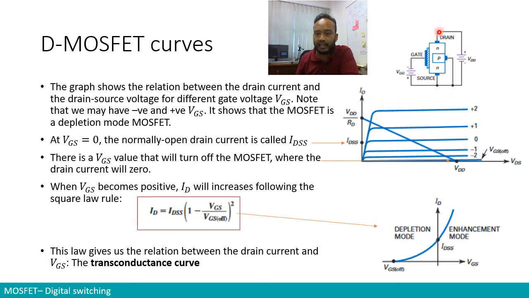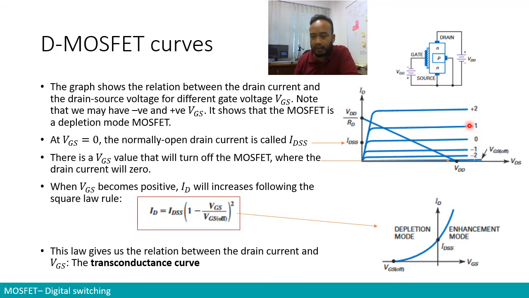The drain current is the current that goes through here, and then the voltage across the drain and source. We note that as a function of VGS, we have basically positive voltage and negative voltage. When we don't supply any voltage to the gate, so VGS, what is VGS? VGS is when you supply the voltage to the gate, right?